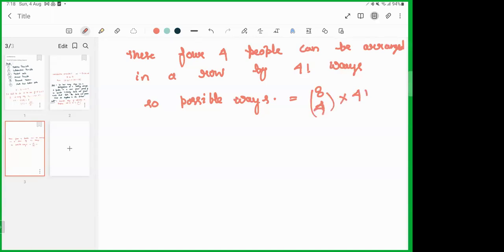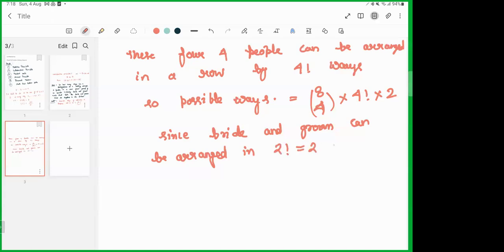And then bride and groom themselves can be arranged in factorial 2 ways, since bride and groom can be arranged in 2 factorial, which is 2. So the final answer is 8 choose 4 multiplied by factorial 4 and then multiplied by 2.